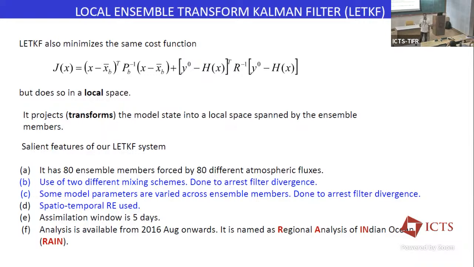Now we come to May 20th. On May 20th, we ignore the previous days' observations, May 16, 17, 18, 19. Whatever observations we get on May 20th, we assimilate, get an analysis, and with it as the initial condition we proceed forward. This is how it goes on. So the assimilation window is every 5 days.